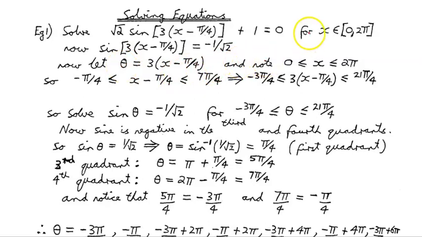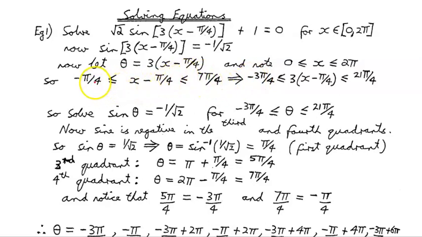Now let's note something. Let's come back to this interval, x lies between 0 and 2 pi, including the endpoints. If I were to transform this interval, you notice in the argument here I've got x minus pi on 4, and then I multiply the result by 3. So let's start inside the parentheses and subtract pi on 4 from all 3 terms in this inequality.